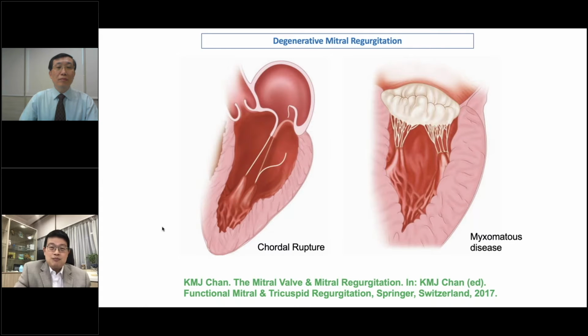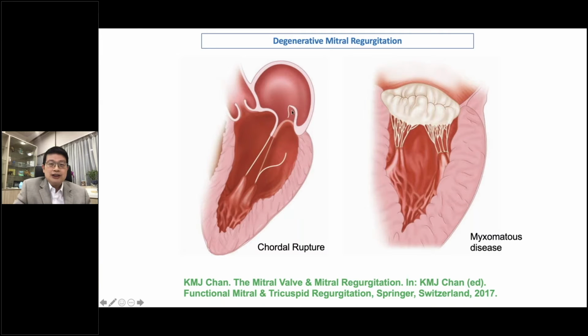We do have a lot of rheumatic heart valve diseases, but in cities like Kuala Lumpur, the most common cause is degenerative mitral regurgitation, typically due to chordal rupture, where one of the cords which supports the mitral valve has ruptured, causing the leaflet to prolapse with resulting mitral regurgitation.